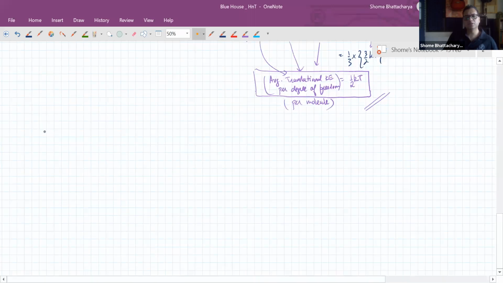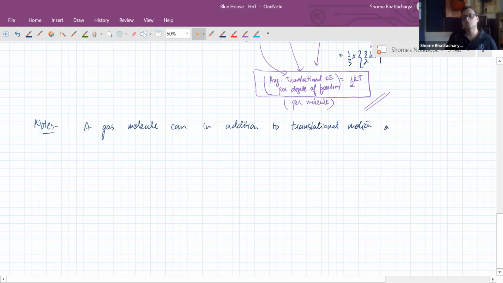The general statement of the law of equipartition of energy is something like this: a gas molecule can, in addition to translational motion, also have rotational motion and vibrational motion. So there are other types of motion also possible other than translation.